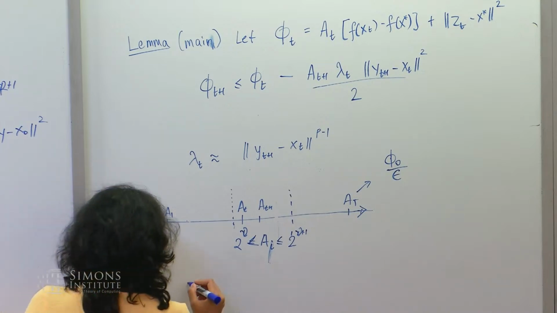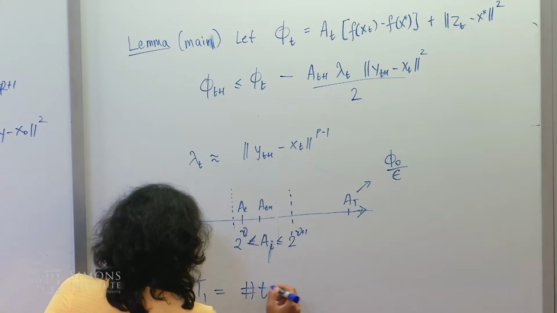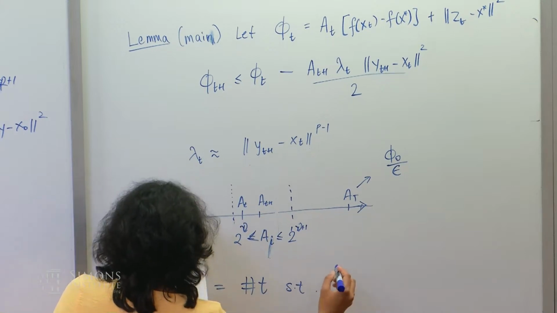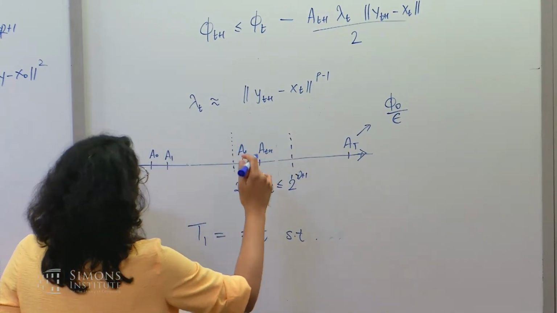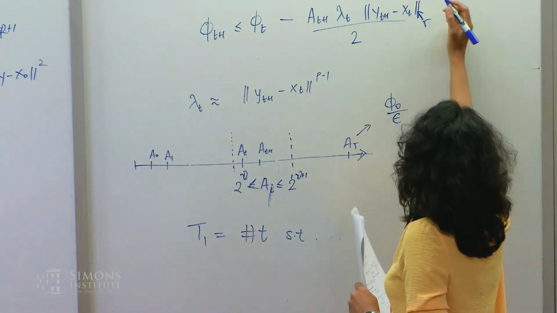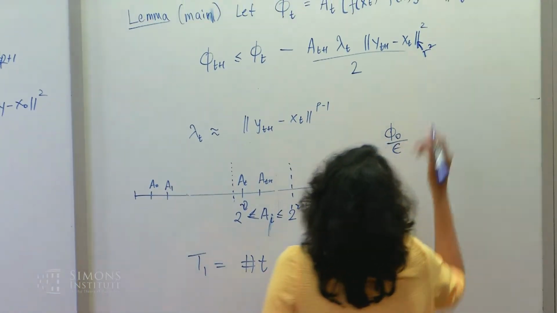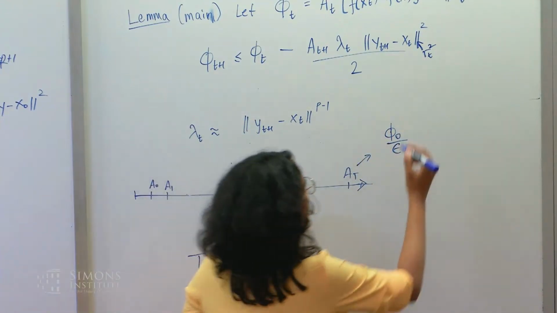And for such iterates, let me classify this into 2 types. One more thing is I'm going to call this difference R_{t+1}.